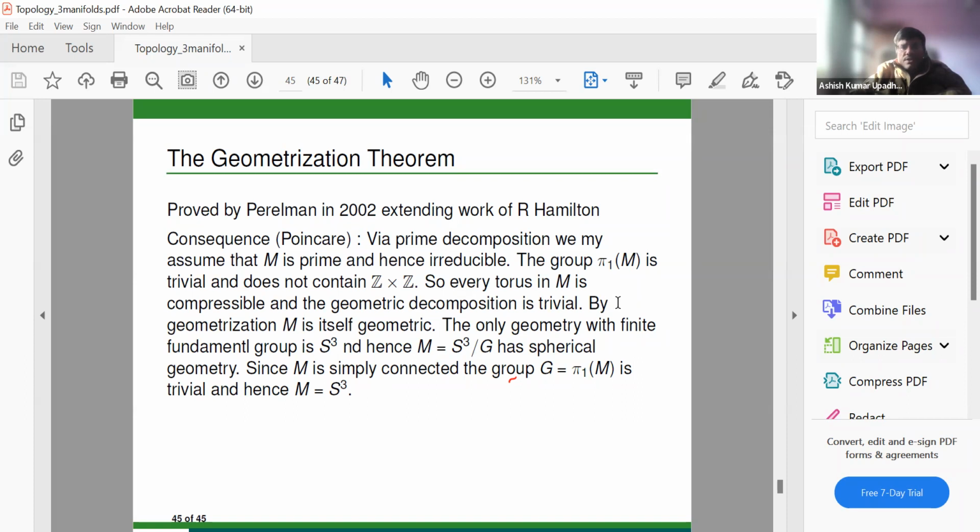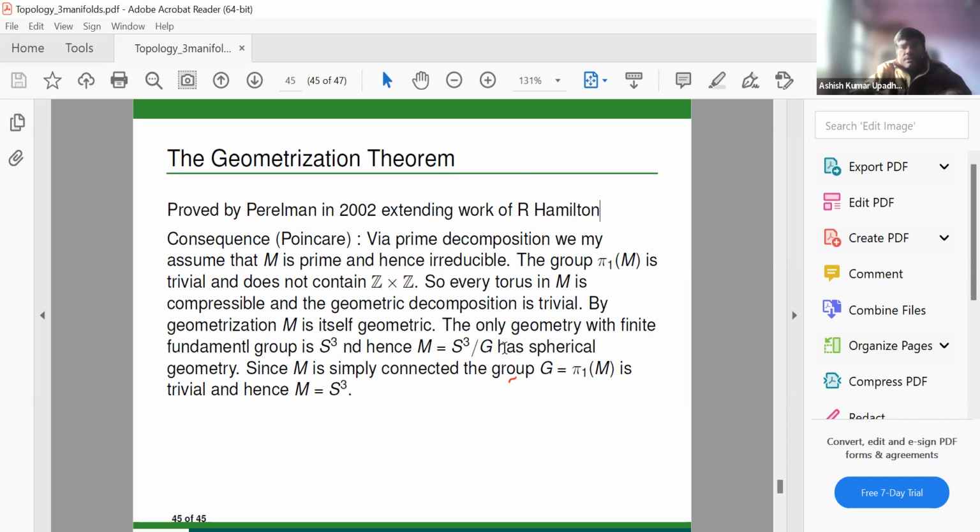Now by geometrization, M itself is geometric, meaning M actually carries a geometry. The only geometry with finite fundamental group is the spherical geometry, and therefore M must be a quotient space of S3.